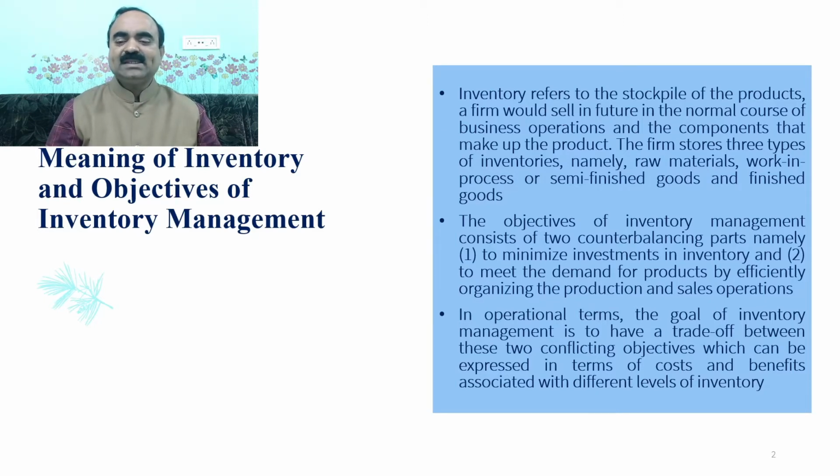In operational terms, the goal of inventory management is to have a trade-off between these two conflicting objectives, which can be expressed in terms of costs and benefits associated with different levels of inventory.